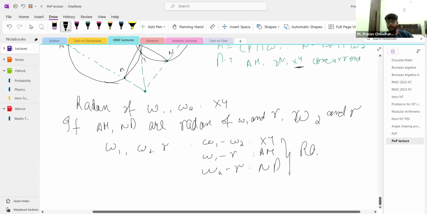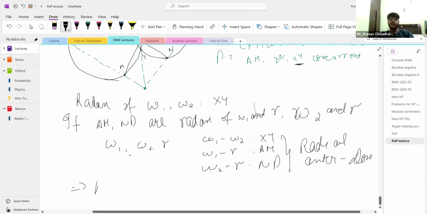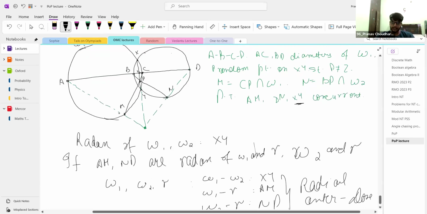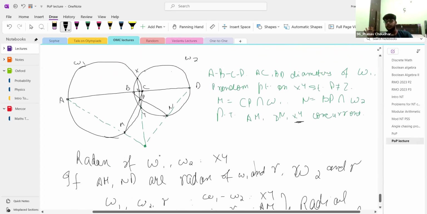So by radical center, you are done. You just need to prove AMND is cyclic. If I prove this, then I'm done. I have reduced it to an angle chasing problem.